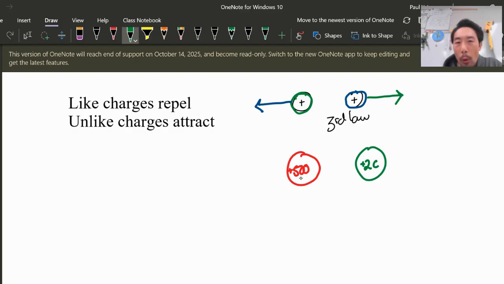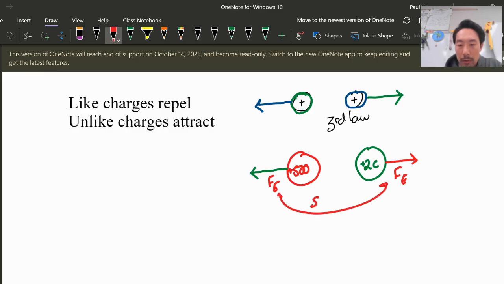Even though the red one on the left is so much more positive than the one on the right, it doesn't matter in terms of the amount of force. The red one on the left will still be pushed away from the charge on the right with a certain amount of force, and the one on the right will feel the identical amount of force. So this will be Fe, and this will be Fe, and these are the same. If this were the FRQ, you could always cite the third law.